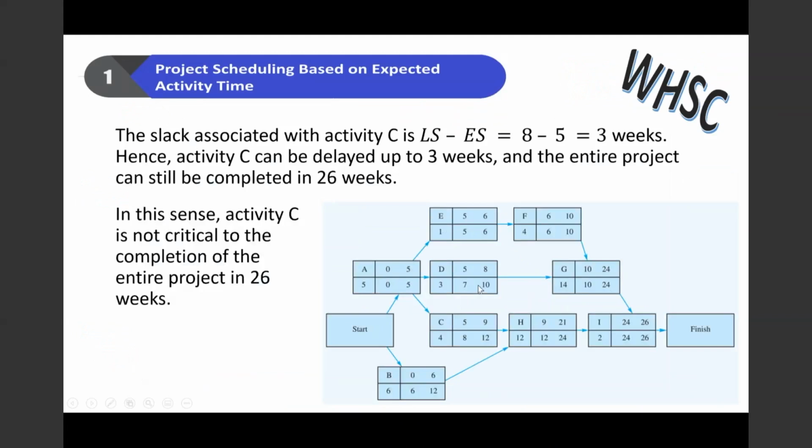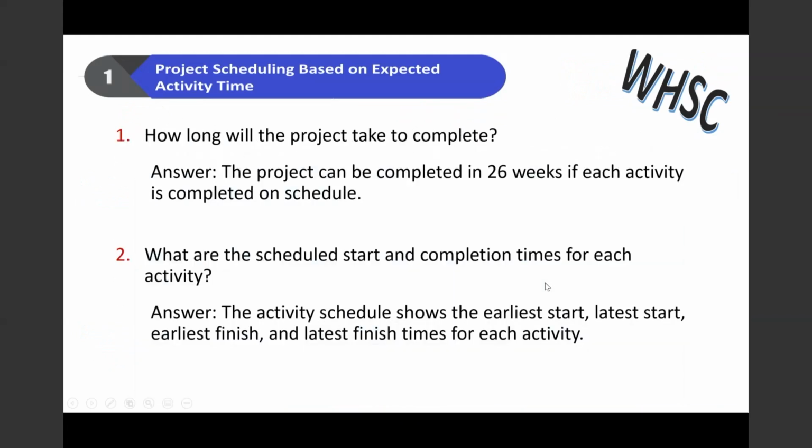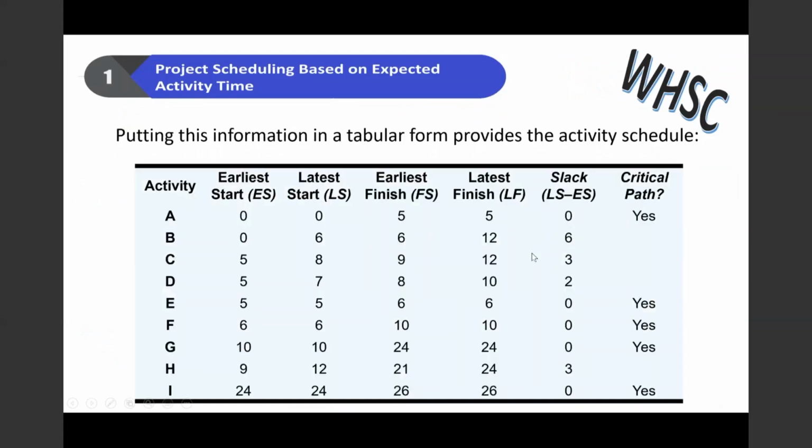We have identified our critical path. Once you have done that, then you have completed the project network. You can also put the information into a table form, by writing down the earliest start, latest start, earliest finish, latest finish, slack, and whether it's on the critical path or not.